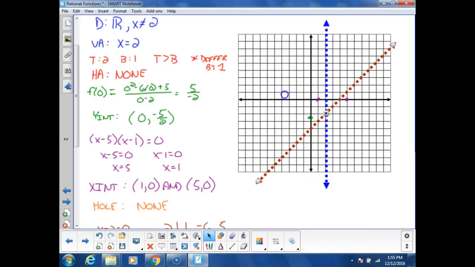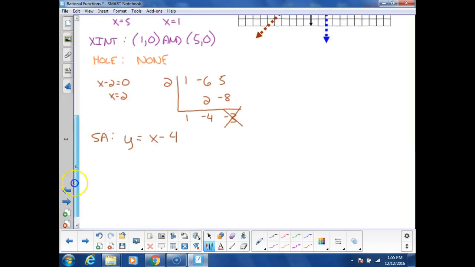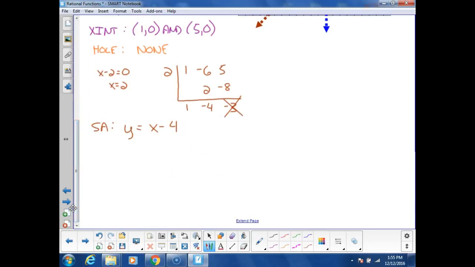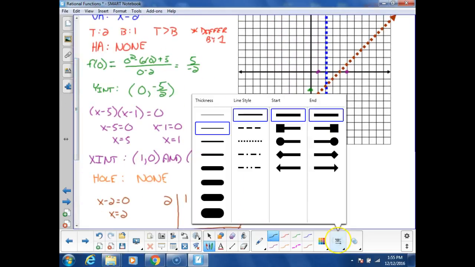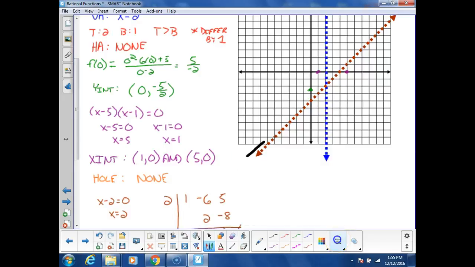So what would the slant asymptote be then? y equals x minus 4. Okay, so I have enough in here to graph it.